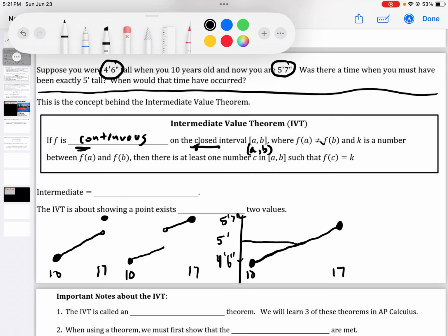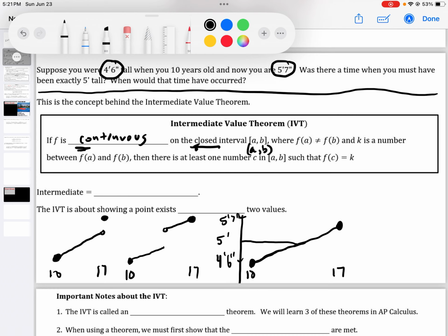So the way I remember that is continuous starts with the letter C, closed starts with the letter C. So it has to be continuous on the closed interval [a, b], where the y values, f of a can't equal f of b. So it has to have changed, right? You can't start at 4'6" and then end at 4'6".